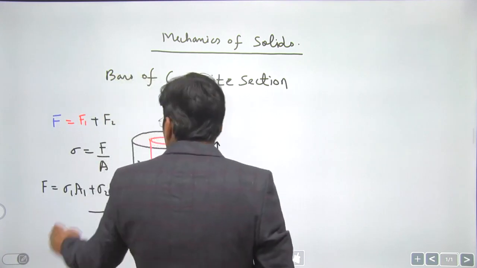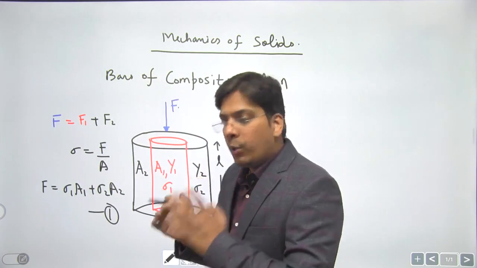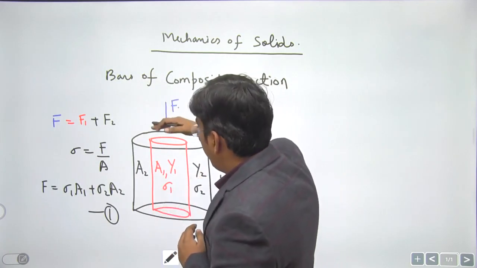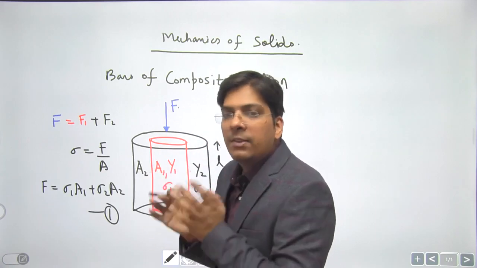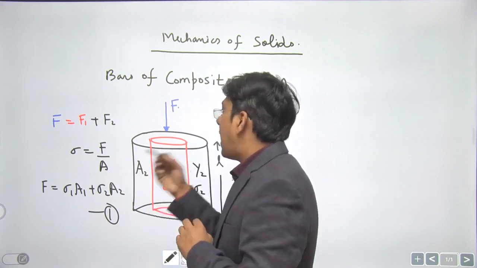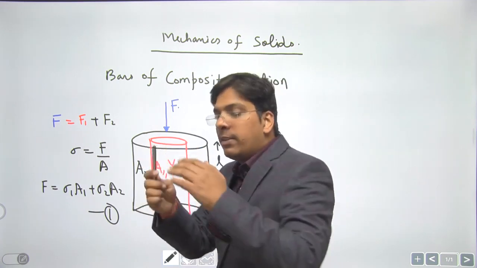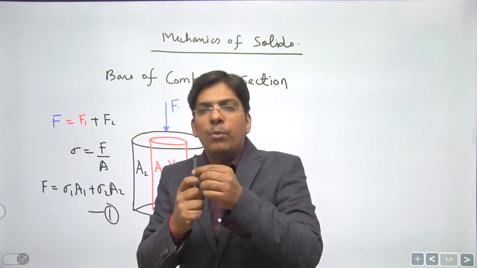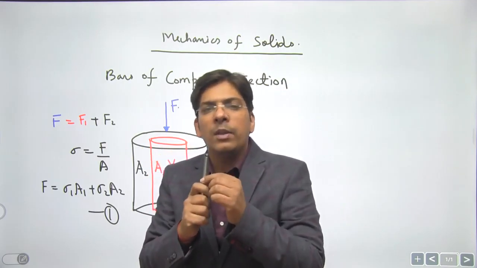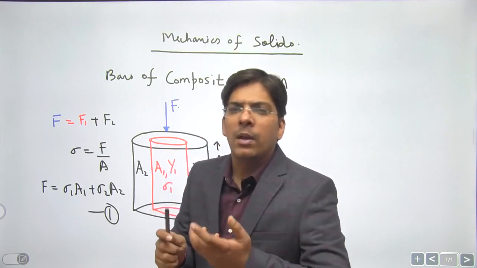Another important thing is that suppose this bar is supporting a weight, so we want the strain in both the bars to be the same. The red portion and the black portion must have equal strain. Suppose this is a pillar and we are applying some weight here. If the strain is not the same, the whole bar will get deformed permanently.